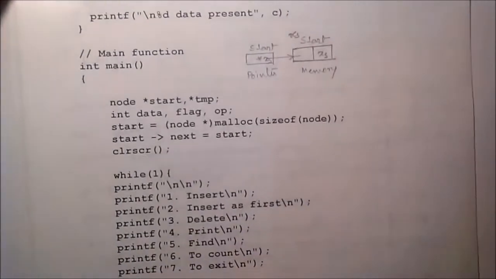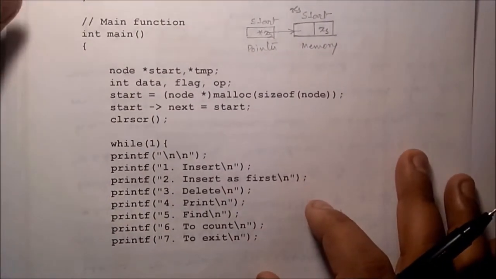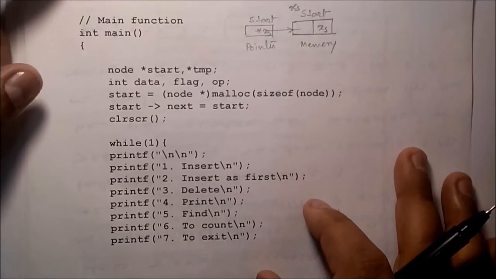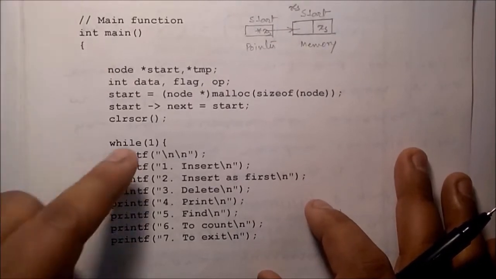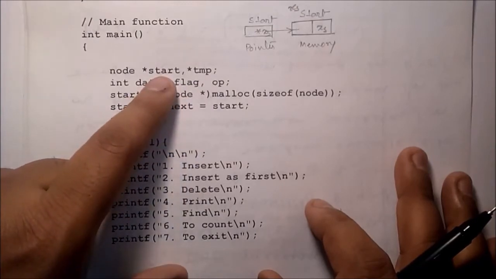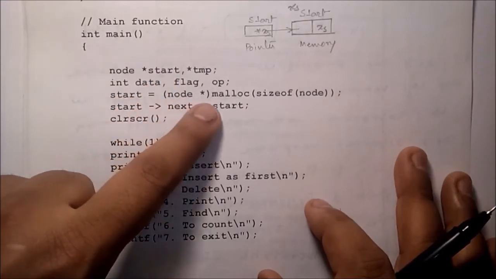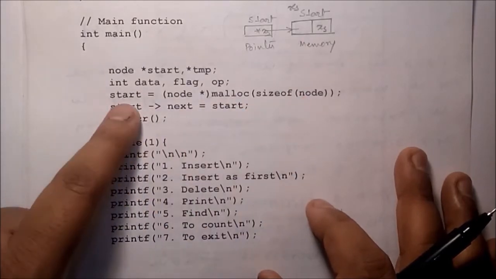Now it's the main function, and we define all the functions before the main function, that's why we don't require function declarations. Now start. Start is the starting address, where we store the address of the first node. Now start is equal to node asterisk malloc sizeof node.